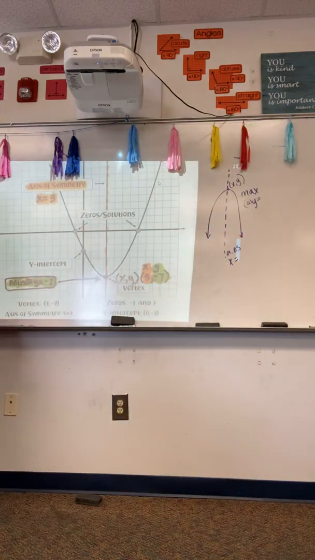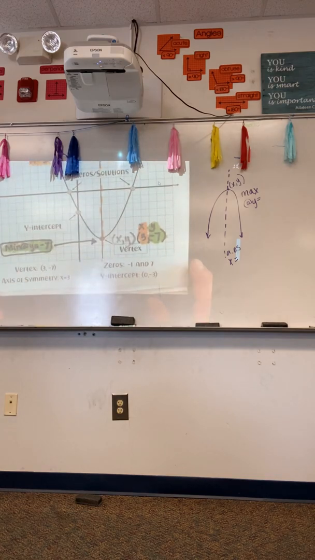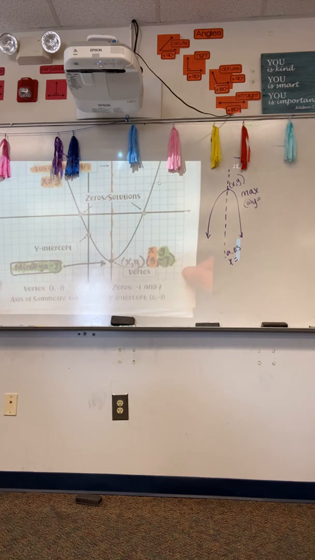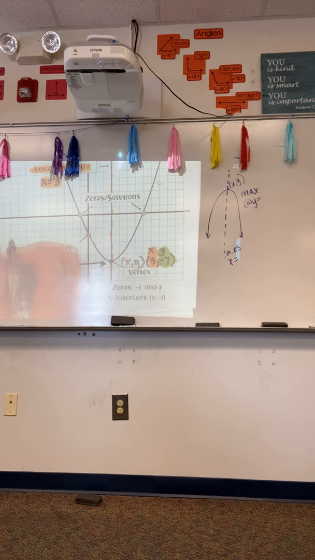The one other thing that's not on here that we will discuss as well is something called your domain and range. And of course, that's the scariest thing that we do, but it's really not that bad. We try to make it as easy as possible, okay? All right, your domain, I'm just going to use the D. Your domain for parabolas is always what?